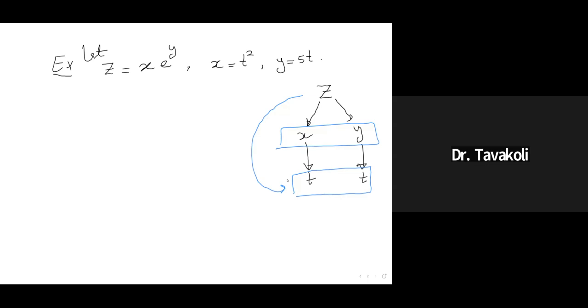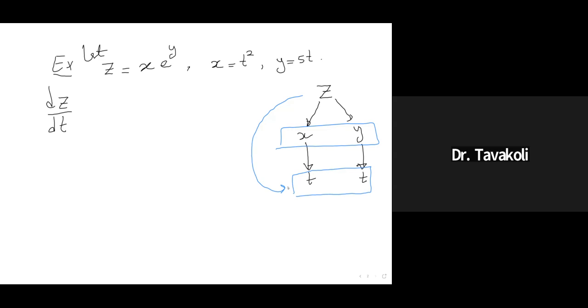So the question here is, what is the derivative of z with respect to t? Here, I don't need to use the notation for the partial derivative because at this level, z is a function of t. At the level of t, t is the only variable.